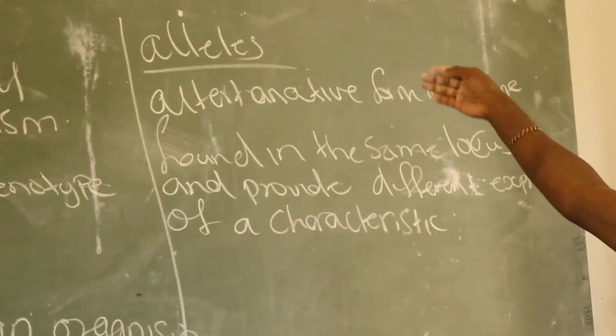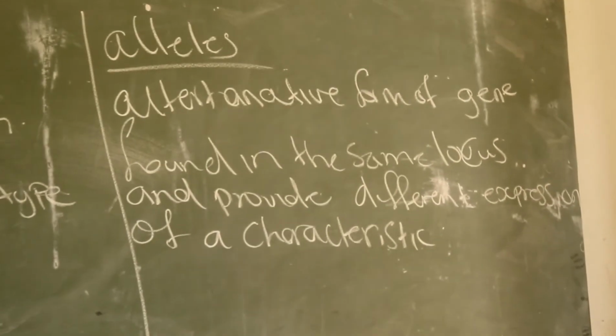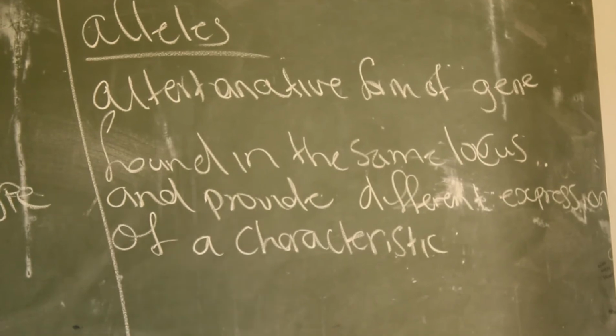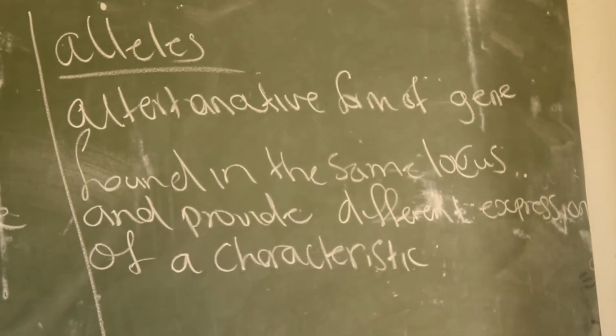So when you're talking about an allele, we are talking about alternative forms of a gene found in the same locus that provide different expressions of a characteristic.